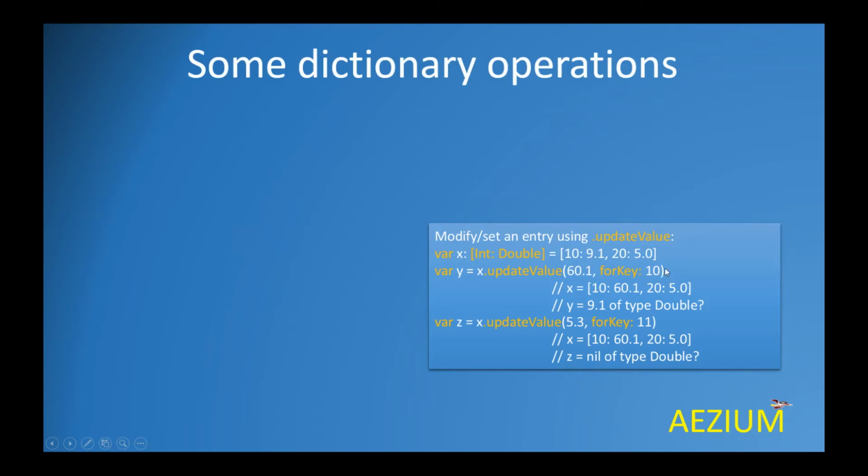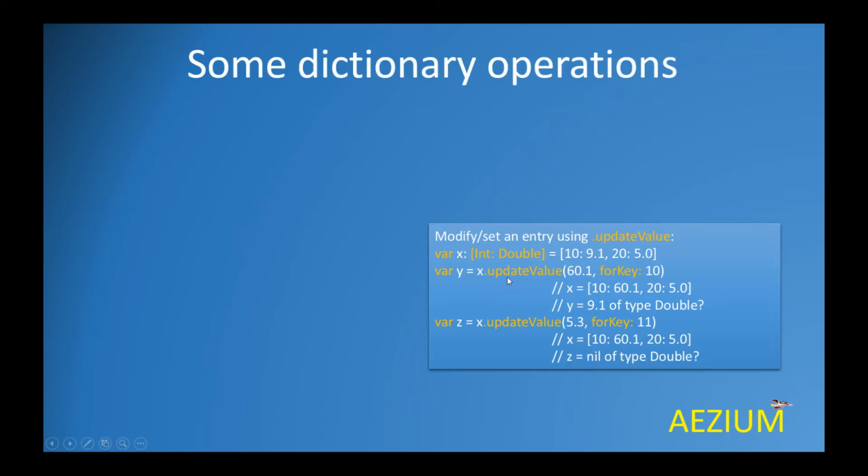What this returns is the old value of the entry, and it's going to be of type Double, because the values of the dictionary are of type Double.